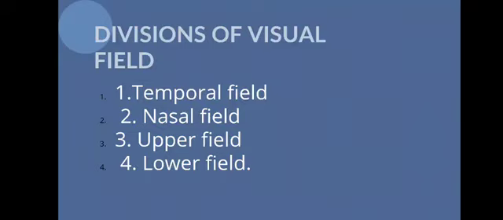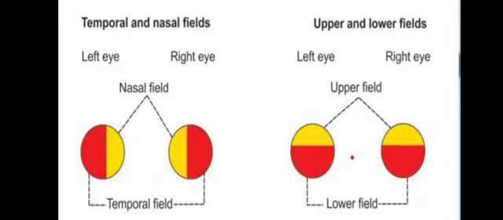Divisions of visual field. There are four different visual fields: temporal field, nasal field, upper field, and lower field. Let's discuss it with a diagram. Coming to temporal and nasal fields, here we can see if the left eye and right eye are divided vertically, then the outer portion is known as the temporal field and the inner region is known as the nasal field.